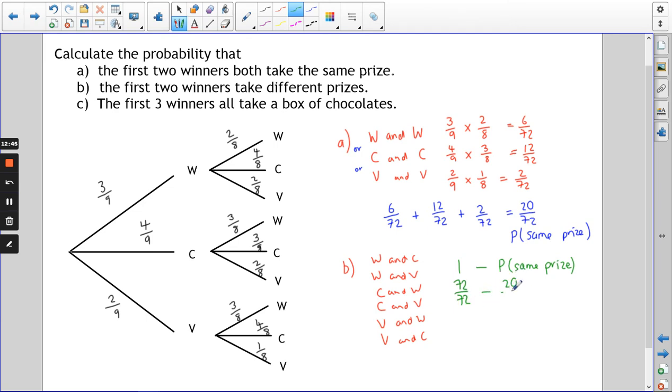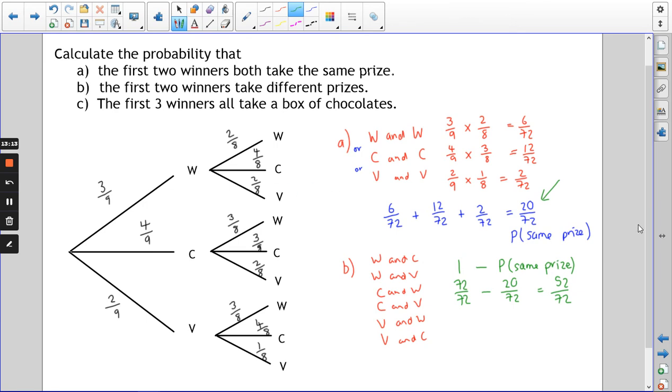Take away 20 out of 72, which is what we worked out here, look. And that leaves us with 52 out of 72. That must be what those 6 combinations add up to, 52 out of 72, because between them they make 72 out of 72, okay, which is a whole. You don't have to do it the one takeaway method, but it's time saving if you can spot it.